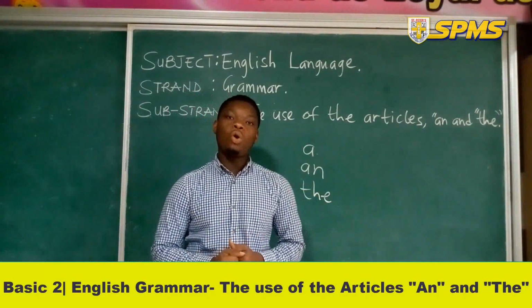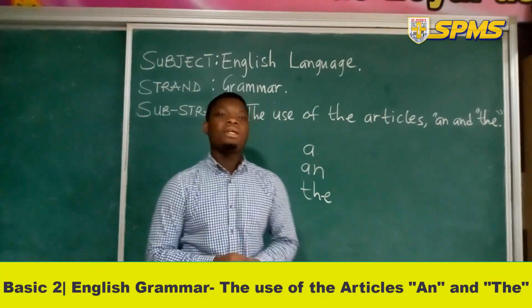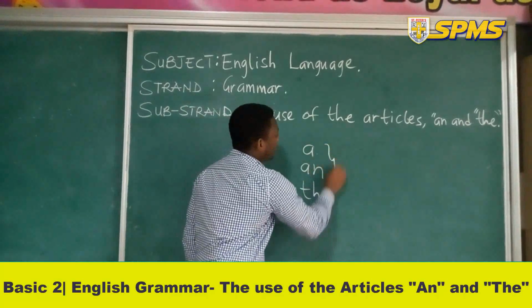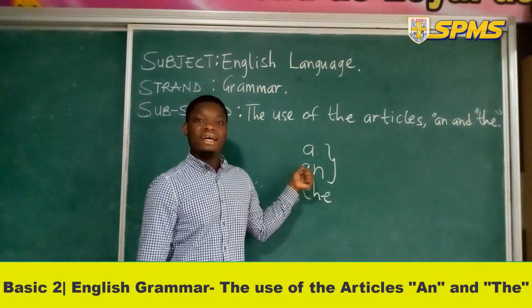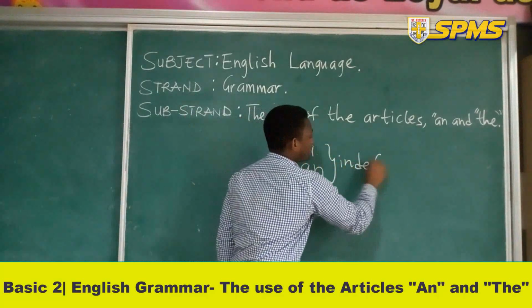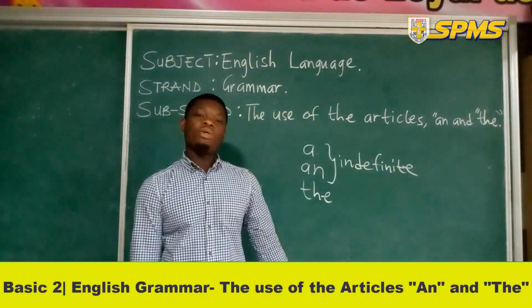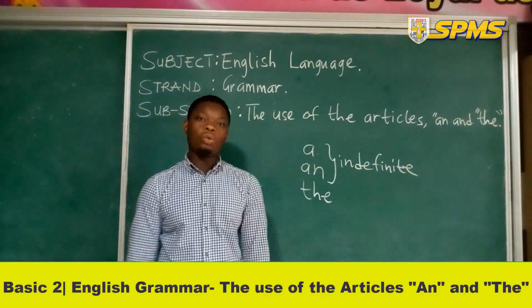We have what we call the indefinite, and the indefinites are the a and then the an. And then the last one, which is the, is what we call the definite.